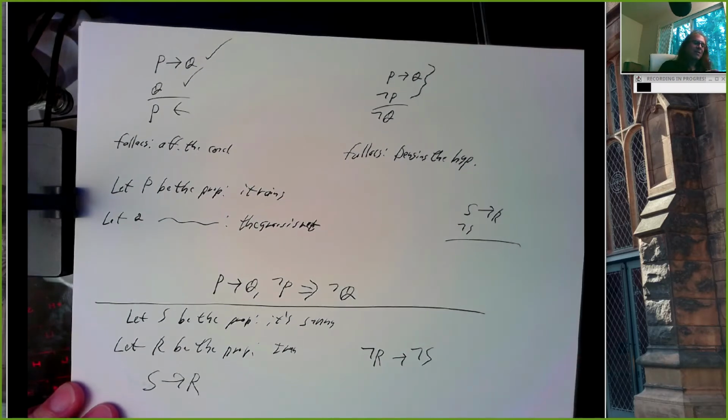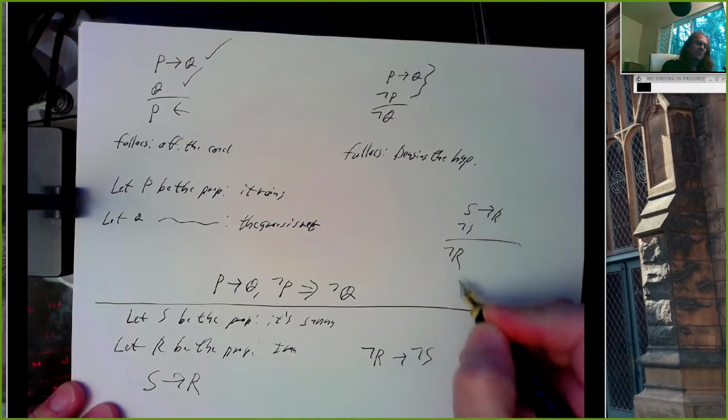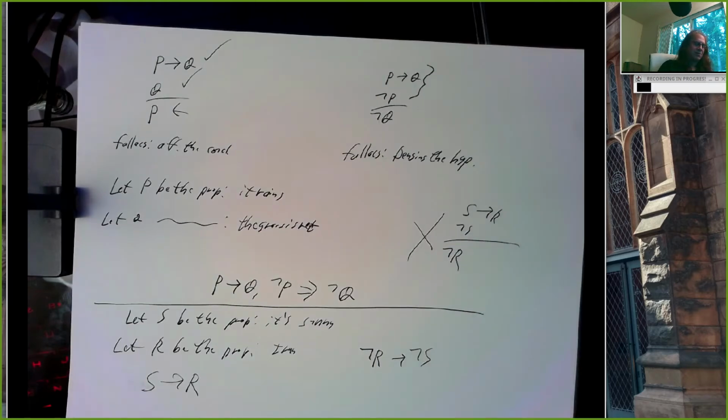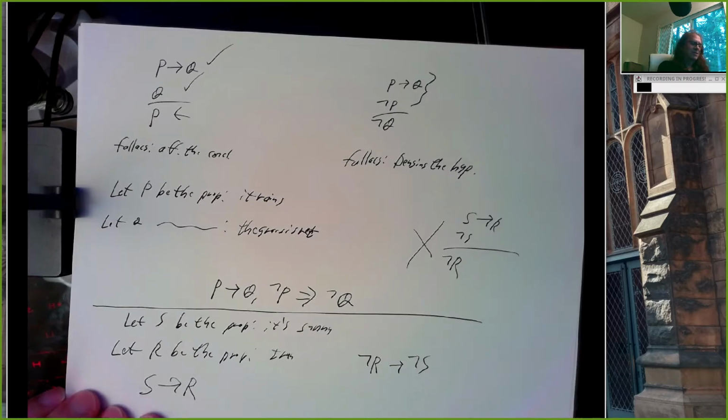If we claim that if it's not sunny, I'm not going to run, that's that fallacy of denying the hypothesis, right? And this is not logical. So if it's not sunny, this says nothing about whether or not I run. That's the whole key to this fallacy. If it is sunny, we know I run. If it's not sunny, no idea. Maybe I run, maybe I don't.